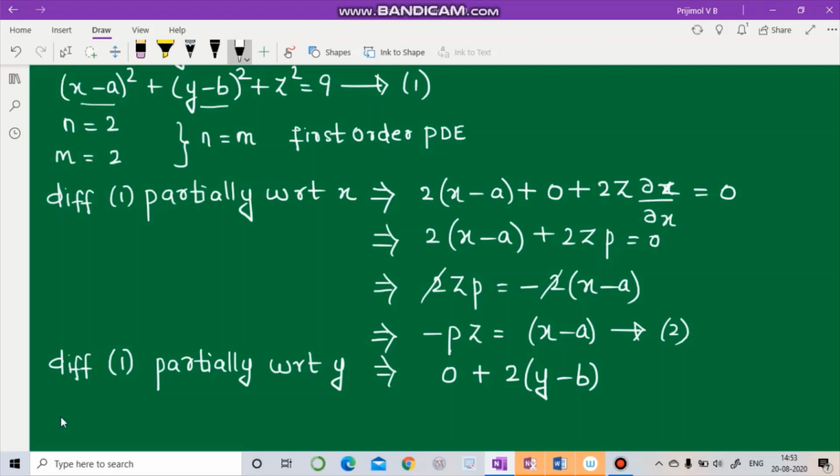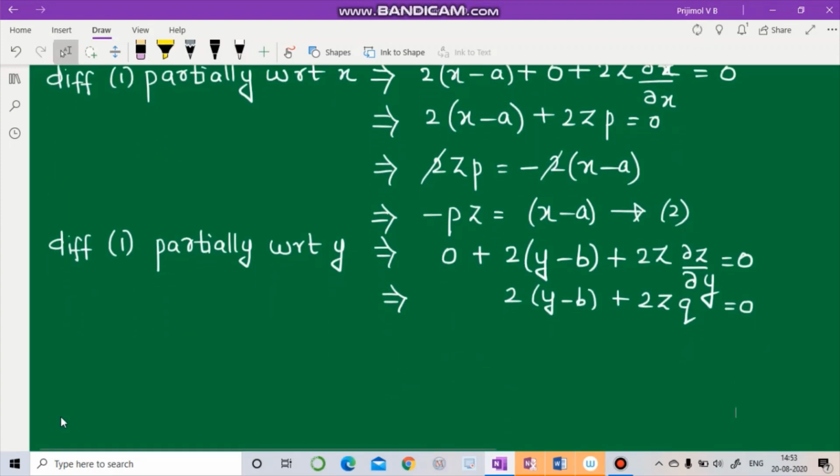We have done a similar problem in our previous classes. Plus, what is the differentiation of z square? 2z into dou z by dou y equal to 0. Now let us simplify this further, which is 2 into y minus b plus 2z. What is dou z by dou y? It is q, equal to 0.